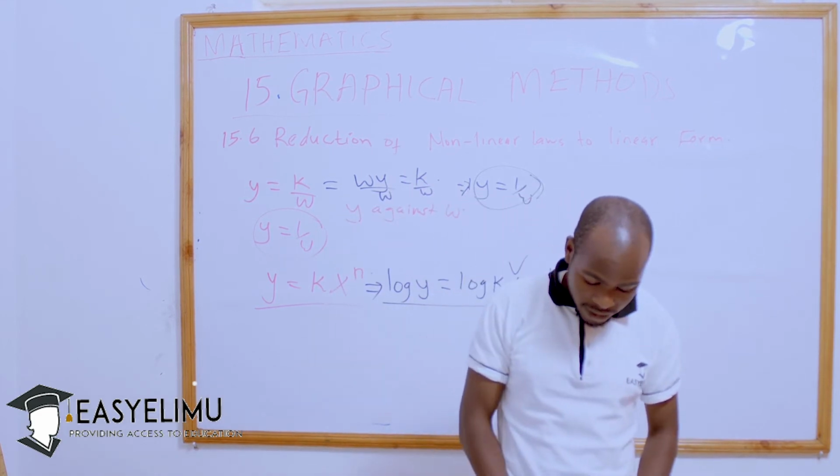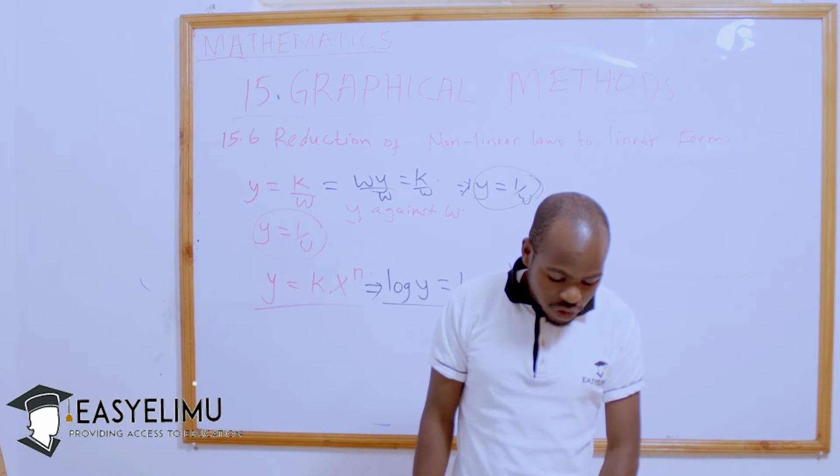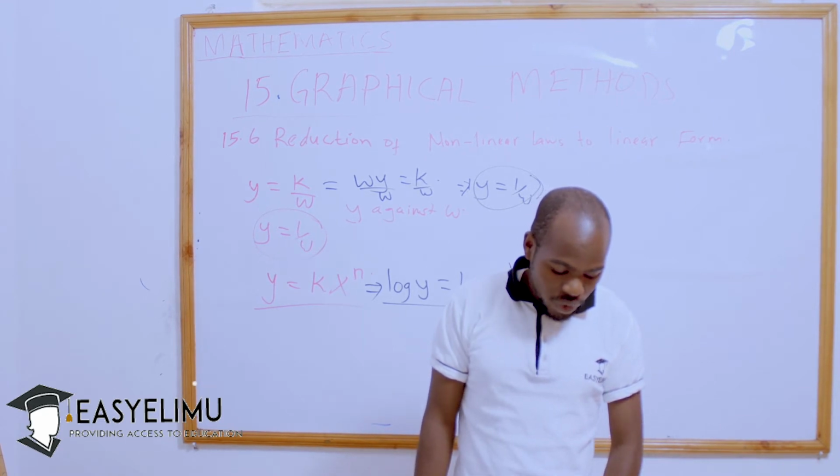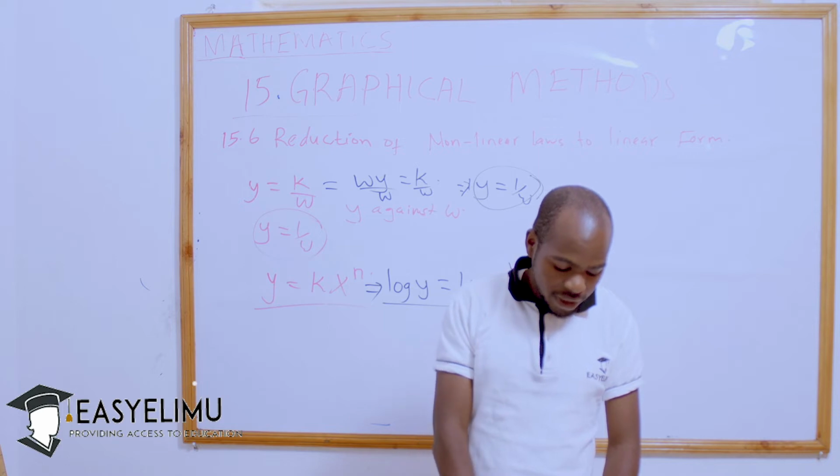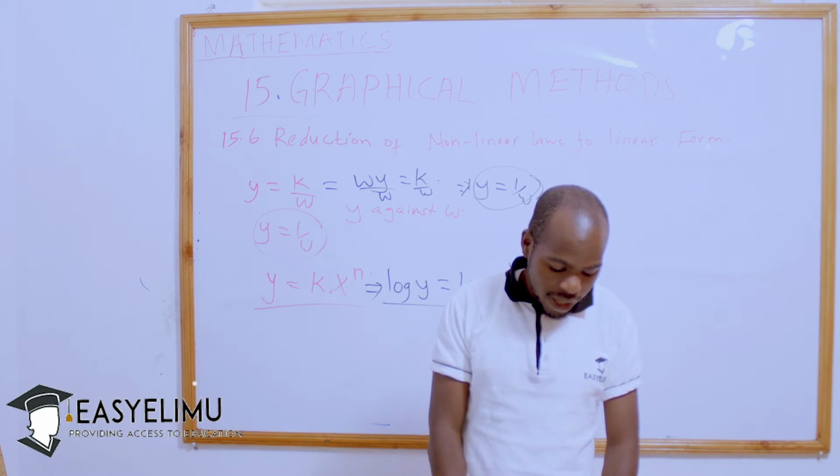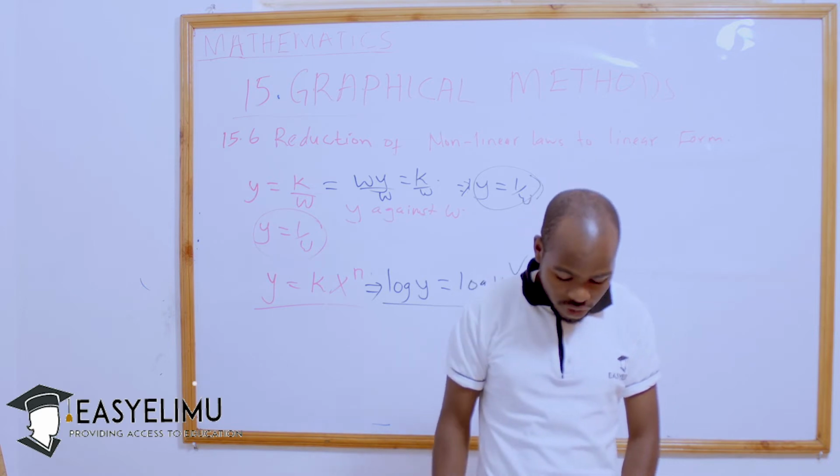We have been given a relation between A and R, with a table where R ranges from 1, 2, 3, 4, 5. A is 3.1 for R equals 1, and 12.6 for R equals 2. I will draw the table.